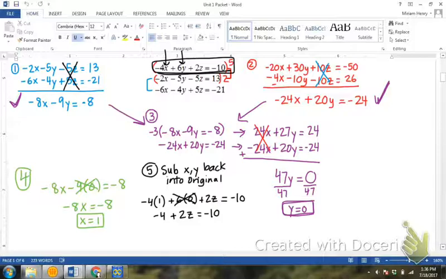You're doing okay. And we're running out of space. No, z does not equal 3. Negative 3, which is different.